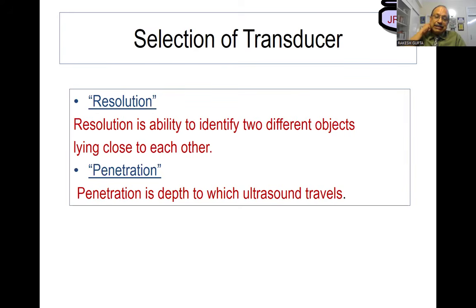Next word comes resolution. What is resolution? It is the ability to identify 2 different objects lying close to each other. How do I explain this? You stand on a highway. A car is coming from a far distance. The 2 lights look like a blob. When they come closer to you, they start looking like 2 separate lights.